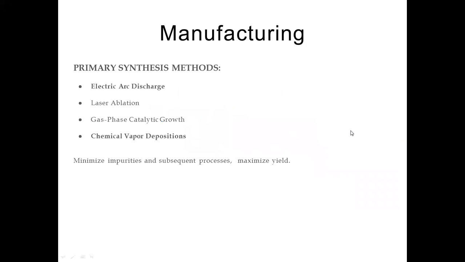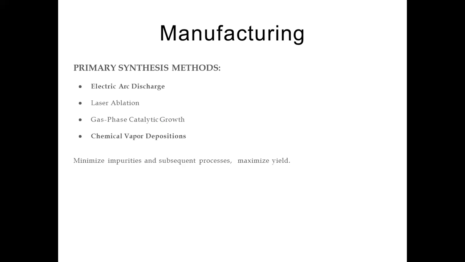So let's take a look at some quick manufacturing methods. These are common to the other manufacturing that we saw for other materials like multi-wall carbon nanotubes. We can use electrical arc discharge, and of course we use that for fullerenes. We can use laser ablation, which again is common for making other carbon derivatives.